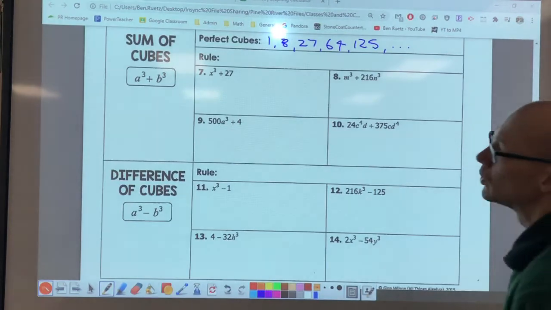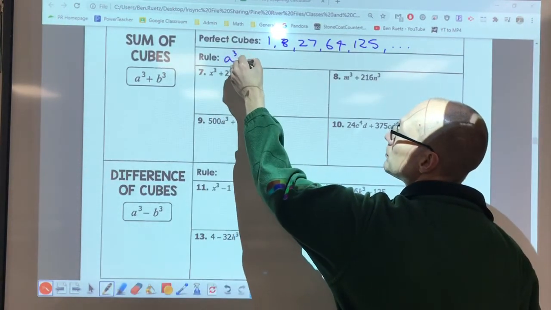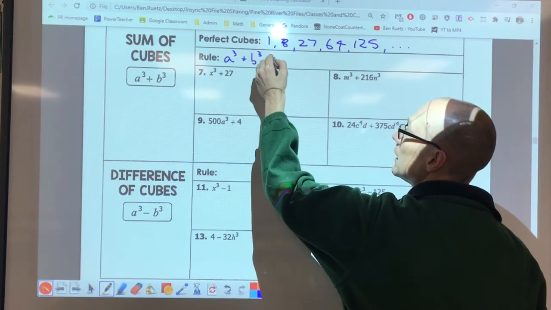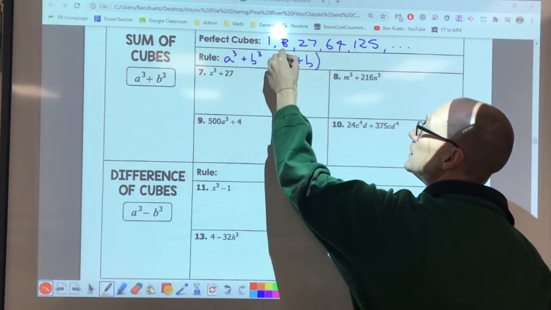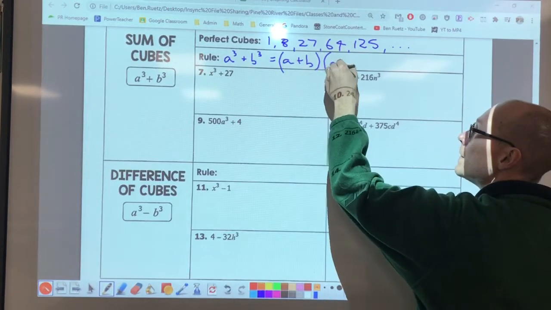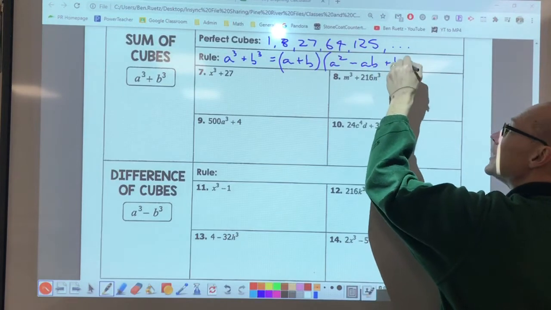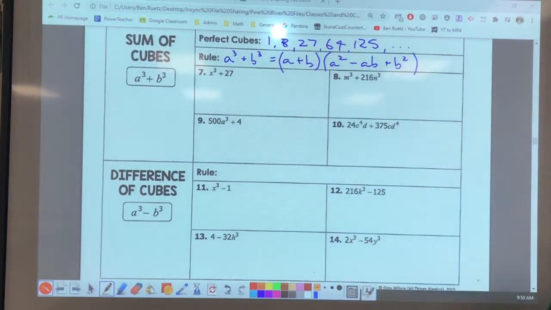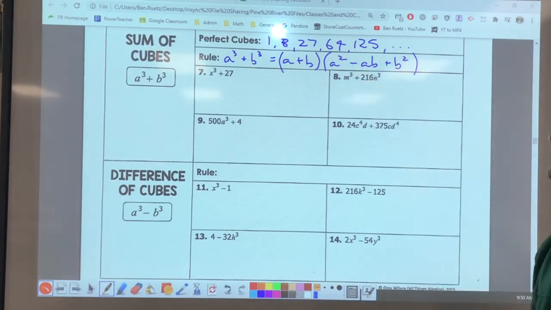And the rule is this: if you have a cubed plus b cubed, that factors into a plus b times a squared minus ab plus b squared. That is the most bizarre, and this right here will not factor anymore.